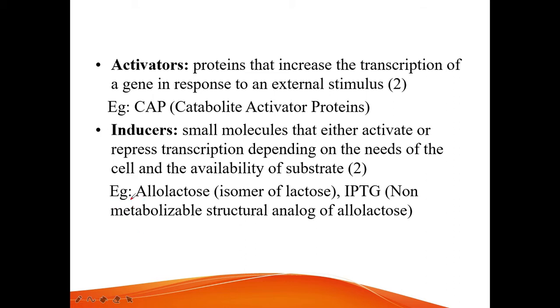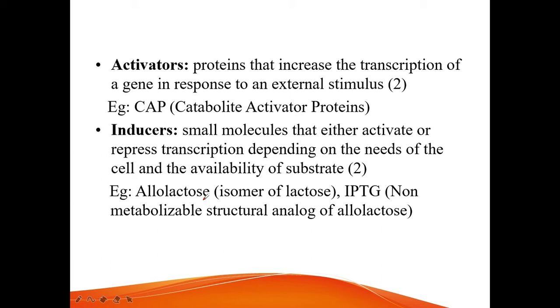Allolactose is a natural inducer for the Lac Operon. Repression is a part of negative regulation, and basically allolactose removes the repression. How does it remove the repressor protein? It binds to the repressor protein.